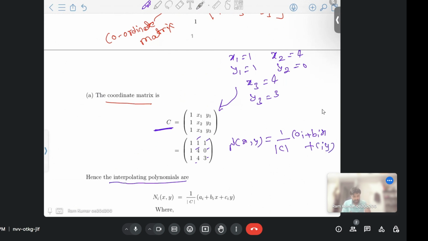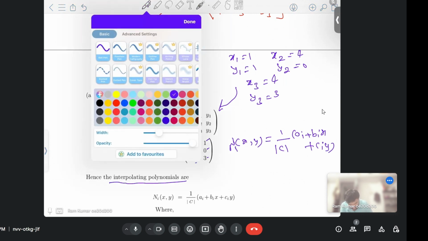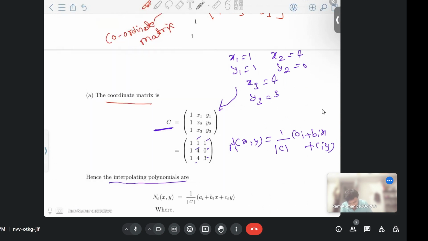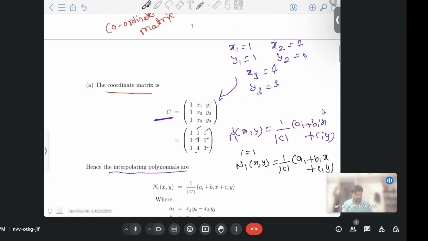So what is ai? For example, if i equal to 1, it means N1(x, y) equals 1 by determinant of C, times a1 plus b1 x plus c1 y. Then we have to calculate a1, b1, c1.